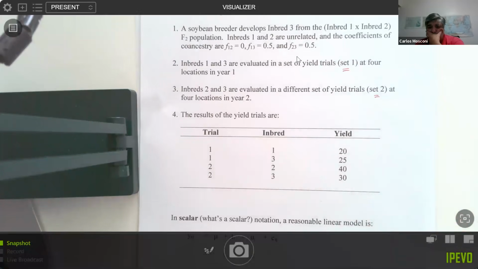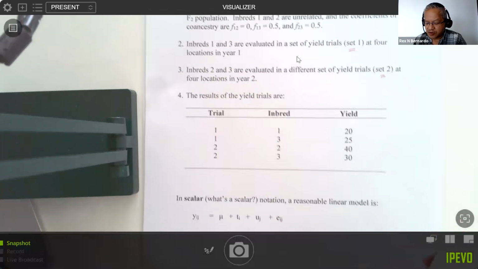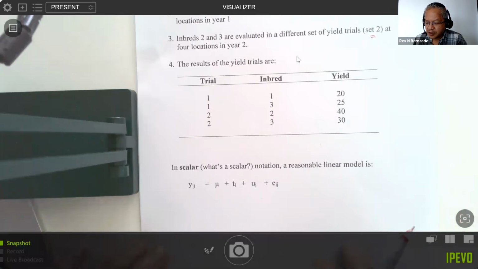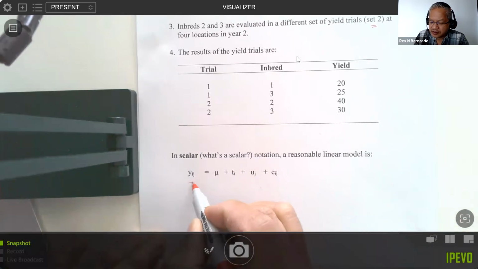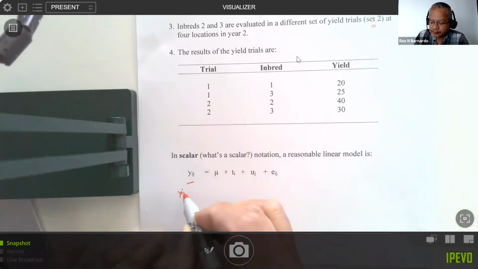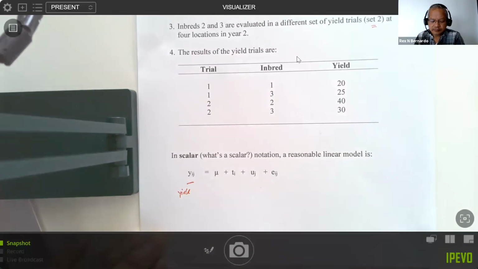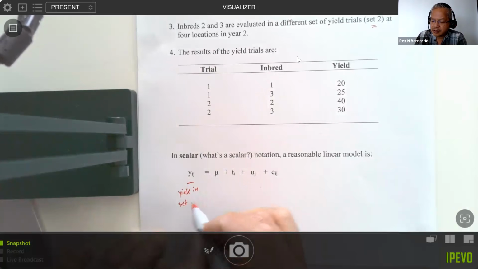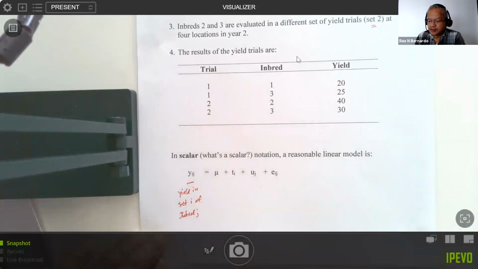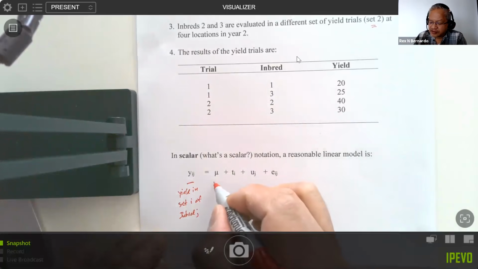And so in scalar notation, scalar being just the usual individual numbers that we are familiar with, a reasonable linear model would be something like this, where Yij is the yield in set i of inbred j. Mu is the grand mean.